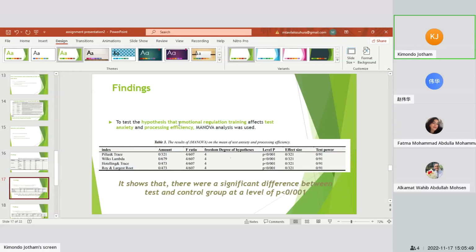So to test the hypothesis that emotional regulation training affected test anxiety and processing efficiency, MANOVA analysis was used.